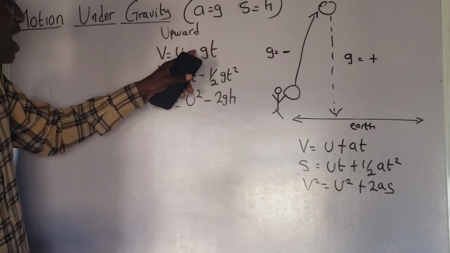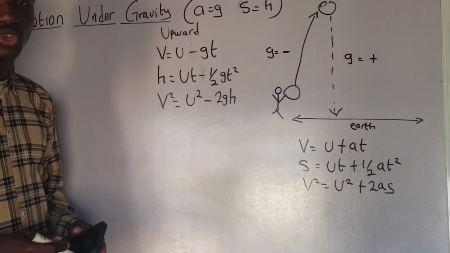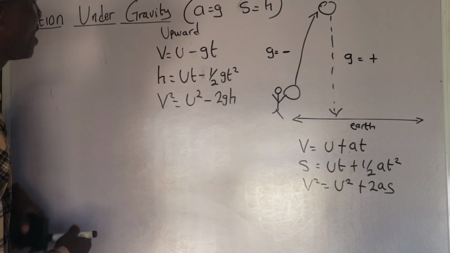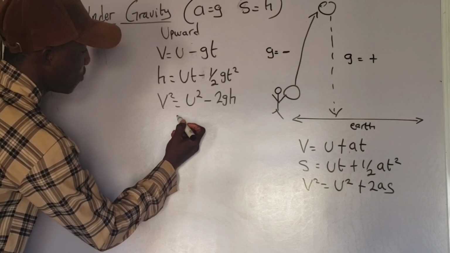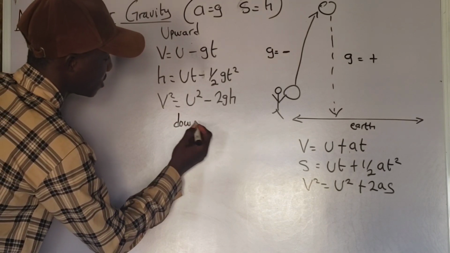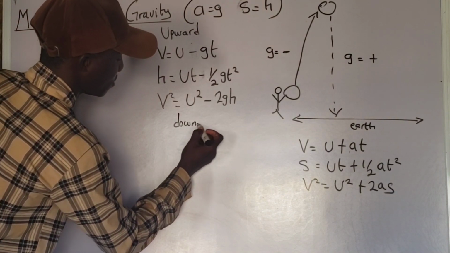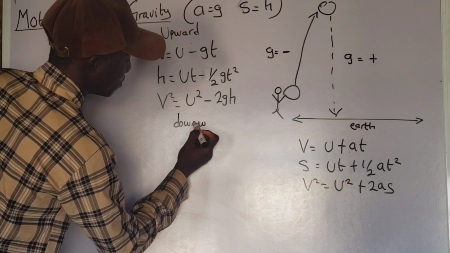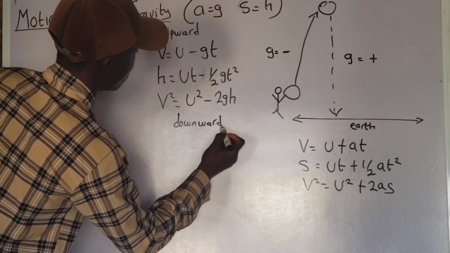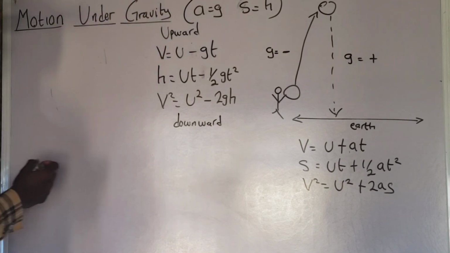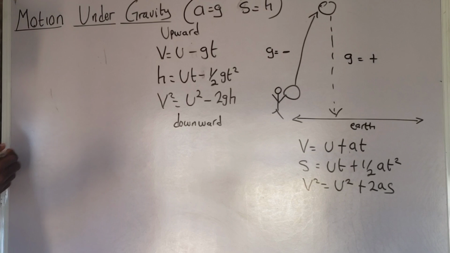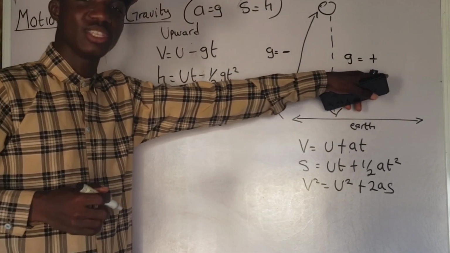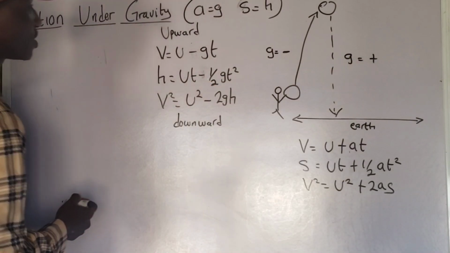That is why we have negative here. Now, when the body is in downward motion, the acceleration due to gravity will be positive.